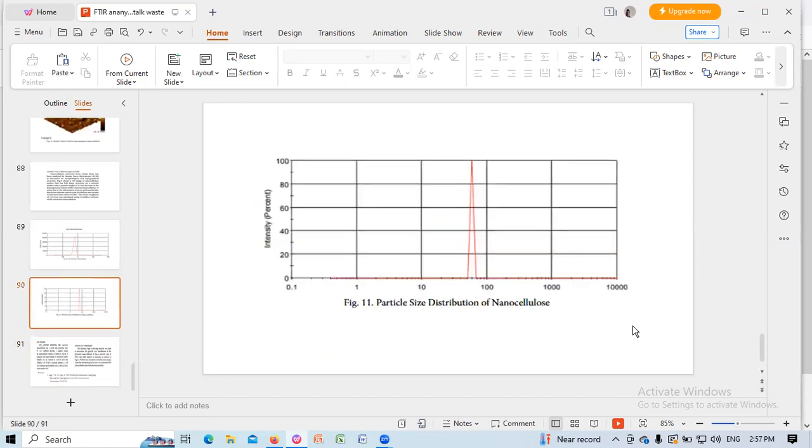This is the zeta size, the particle size distribution of nanocellulose.